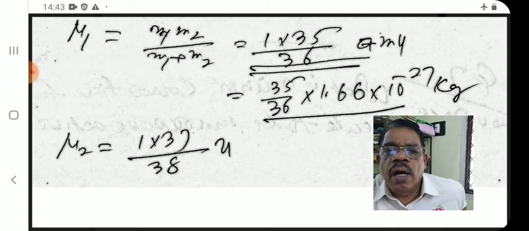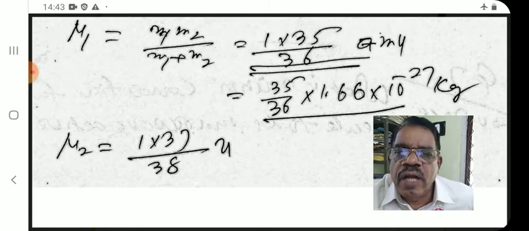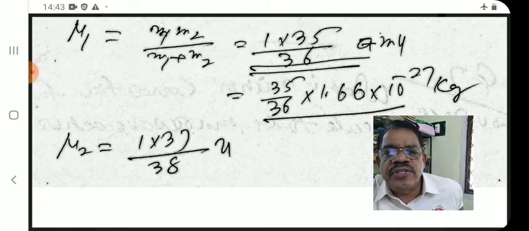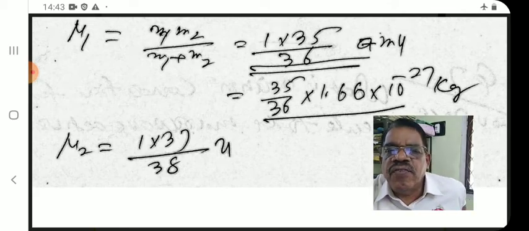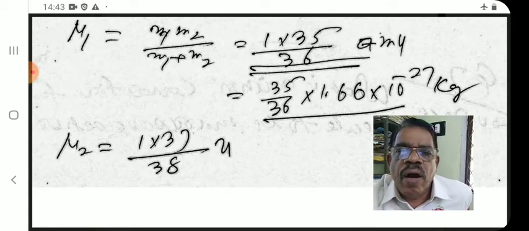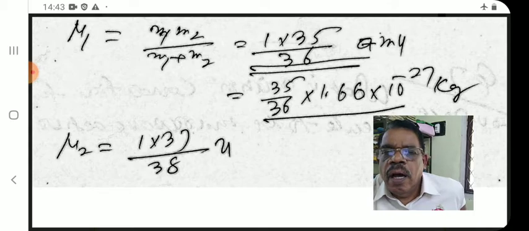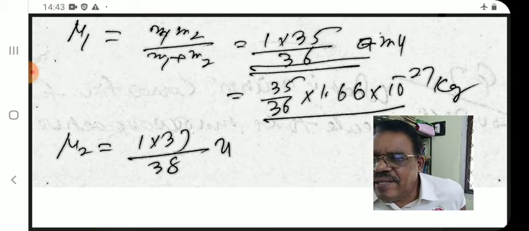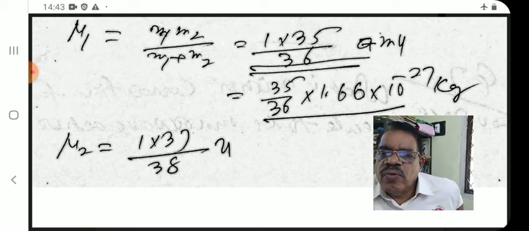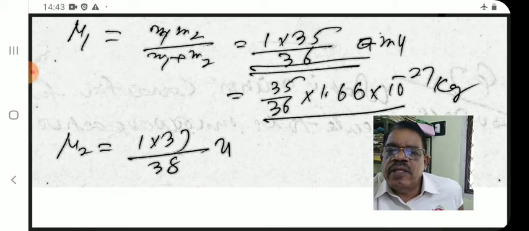We convert that into kilogram by multiplying by 1.66 into 10 raised to minus 27, and we get 35 by 36 into 1.66 into 10 raised to minus 27 kilogram. Similarly, we find the reduced mass of the H1Cl37 isotopic molecule. That is 1 into 37 by 1 plus 37, that is 37 by 38 u.